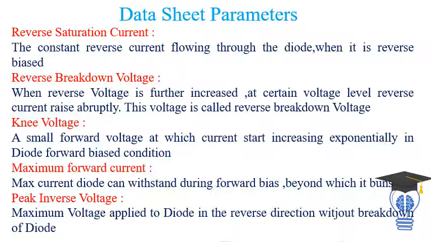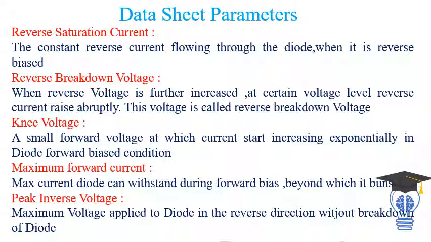And reverse breakdown voltage, as we saw in the previous slides, is the voltage at which, in the reverse bias condition, the current rises abruptly.